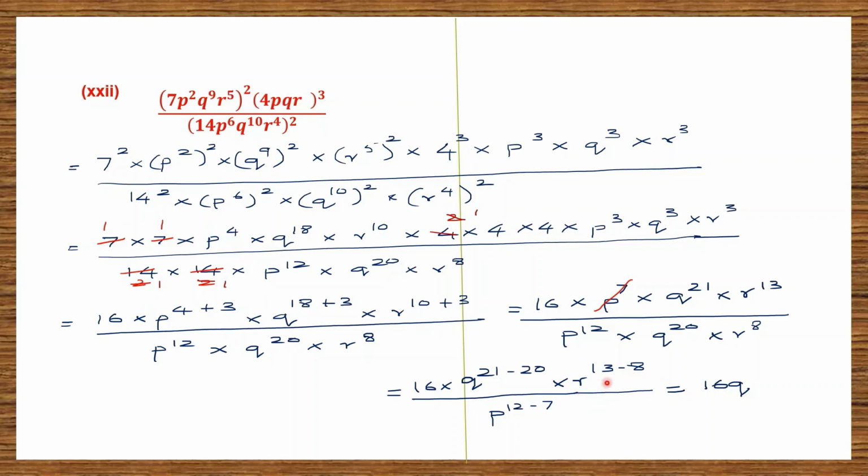That is r to the power of 5. So let's write that. So that is r to the power of 5. So that's in the numerator. In the denominator, we have p to the power of 12 minus 7. And 12 minus 7 is 5. So that will be p to the power of 5. So this is p to the power of 5. So we've got a final answer, 16 q r raised to the power of 5 by p raised to the power of 5.